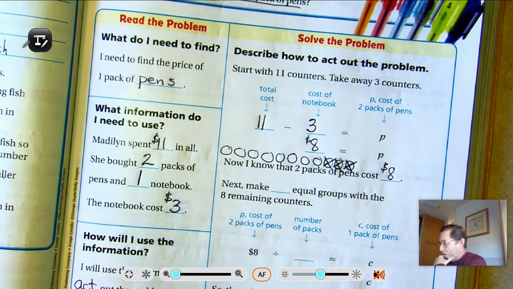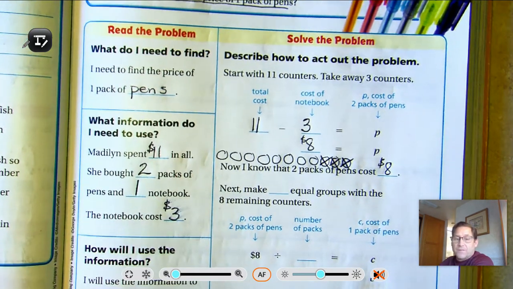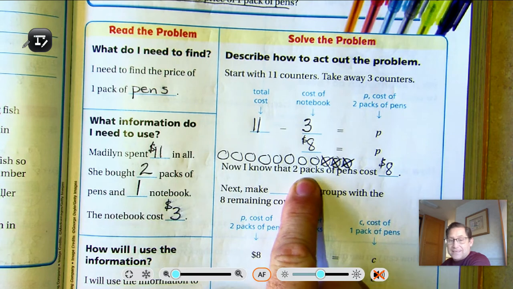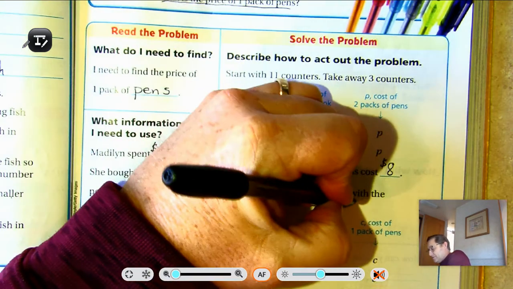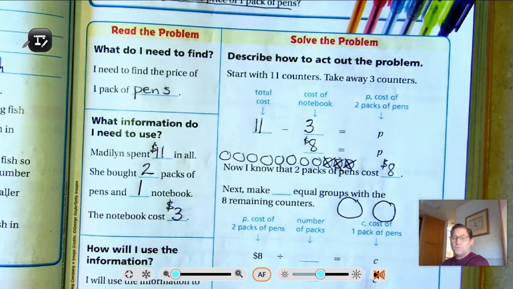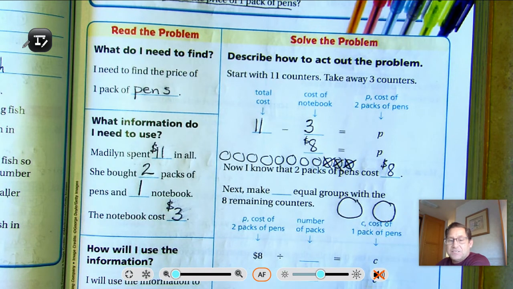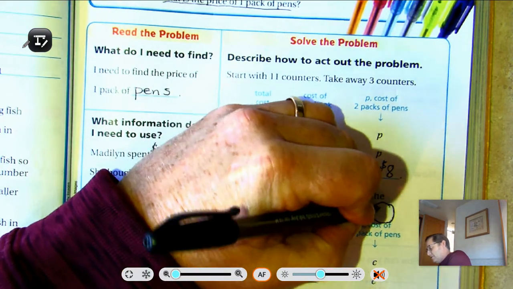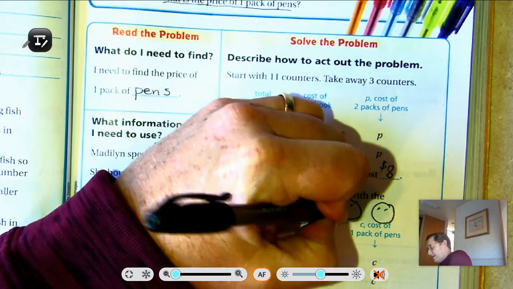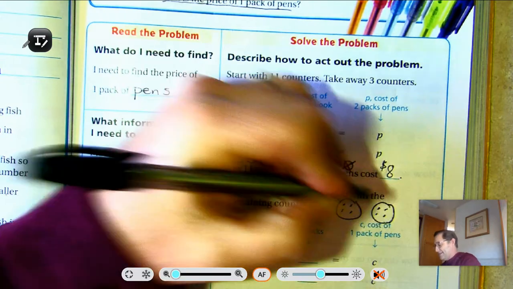All right, so now we need to make how many equal groups with the remaining counters? Well, she bought 2 packs. So I need to make 2 groups. And I need to share those remaining 8 counters into those 2 groups. So 1, 2, 3, 4, 5, 6, 7, 8.